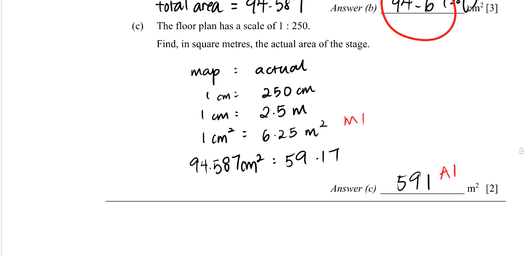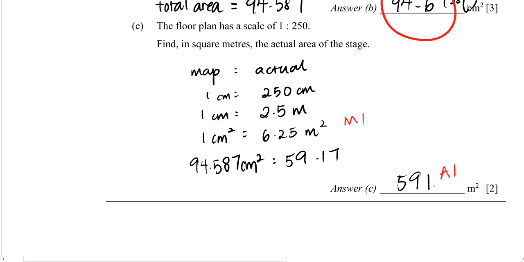Now find the actual area, 591. Yeah? 59.17. Okay, it should be 59.2. Yes? Do you have 59.2? Wrong. Okay, let me do it. I'm just looking at the answers here only.